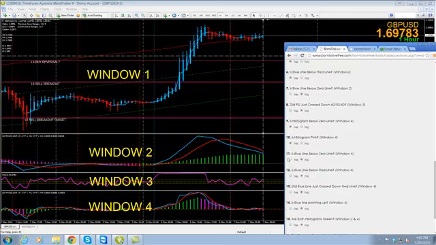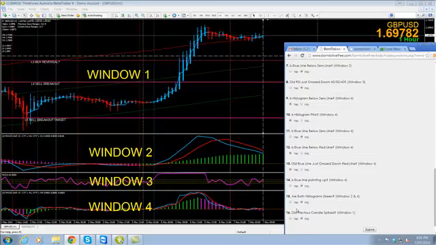Blue line below zero, we said no. Blue line below red line, yes. Did the blue line just cross red line? Yes. Blue line pointing up, no. Both histograms, no and no.